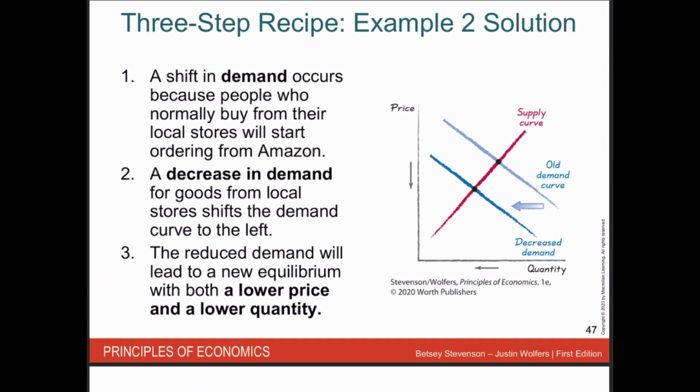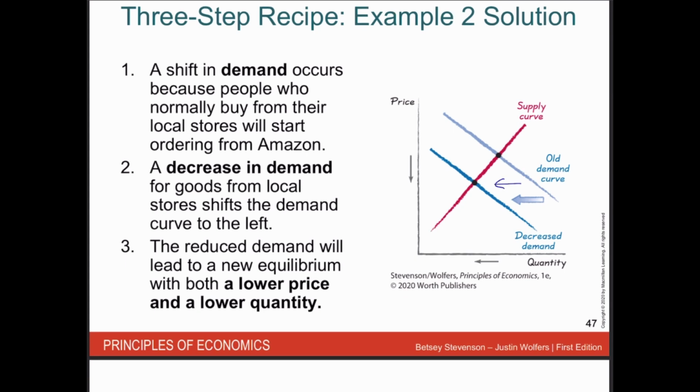So in this case, the demand curve will shift to the left, right? So we have the equilibrium point in here. If we compare the equilibrium point with the old one, what happens?